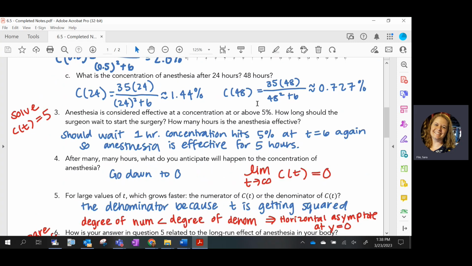Then it says, after many, many hours, what do you anticipate will happen to the concentration of the anesthesia? Hopefully you said that it will go to 0%. It'll eventually be out of the bloodstream completely. That's your asymptote. You're approaching 0. Is it ever going to go below 0?